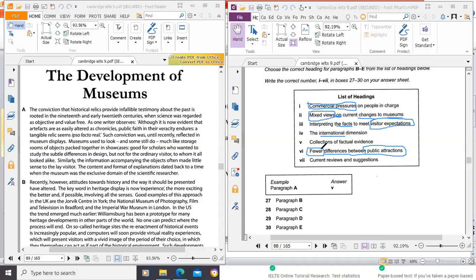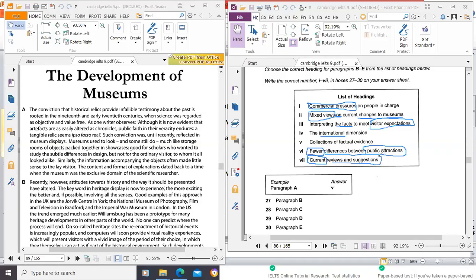I want to pay attention to whether it is few in the passage, especially when you are treating true, false, not given. This could change the meaning of the passage entirely. Okay. Now this talks about recent, current. I should have underlined this, current reviews and suggestions.